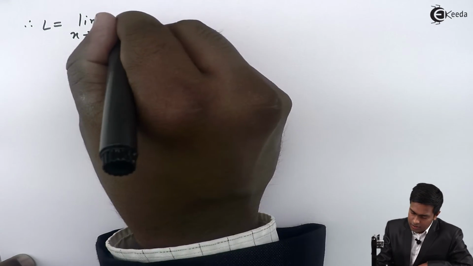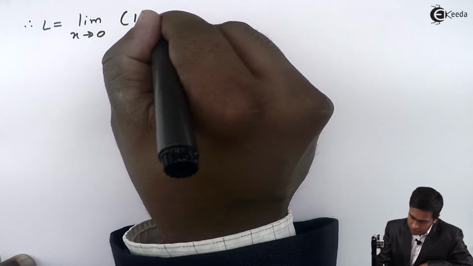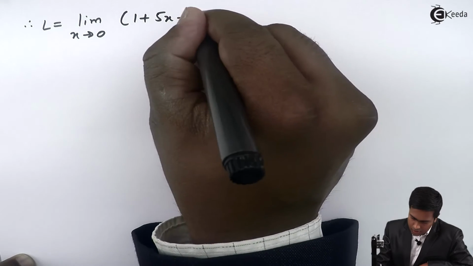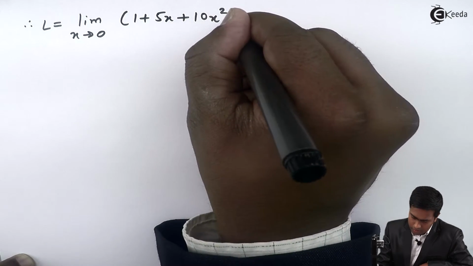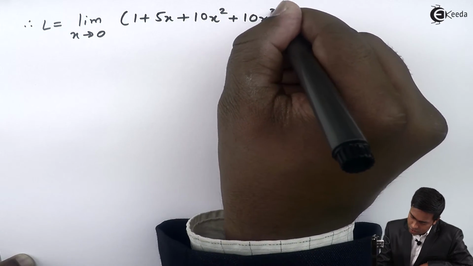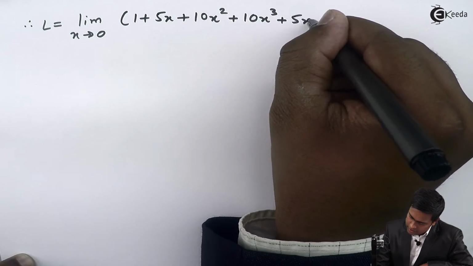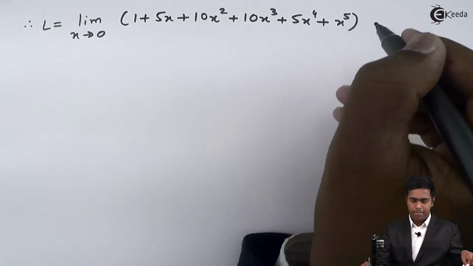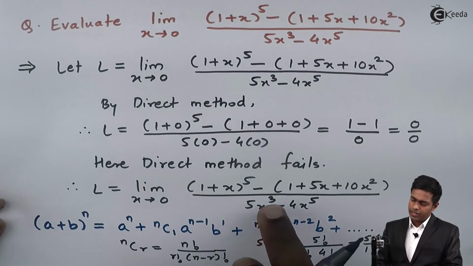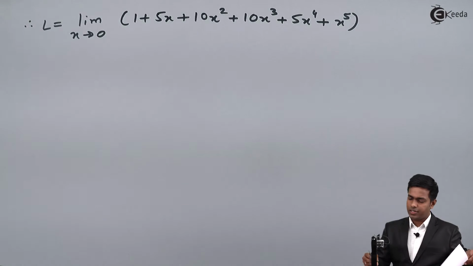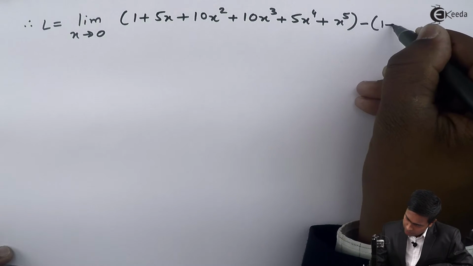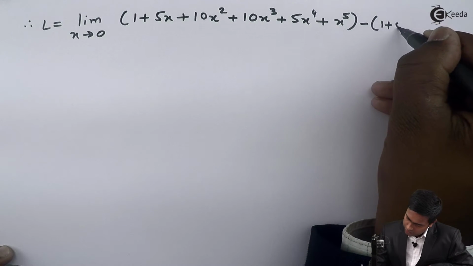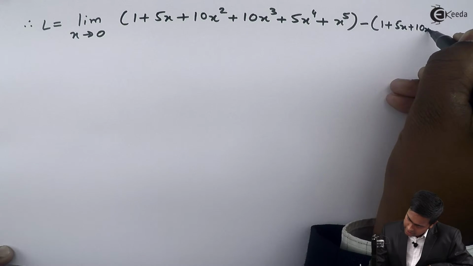The expansion is 1 plus 5x plus 10x square plus 10x cube plus 5x raised to 4 plus x raised to 5. Next we have minus of 1 plus 5x plus 10x square, so minus 1 plus 5x plus 10x square.